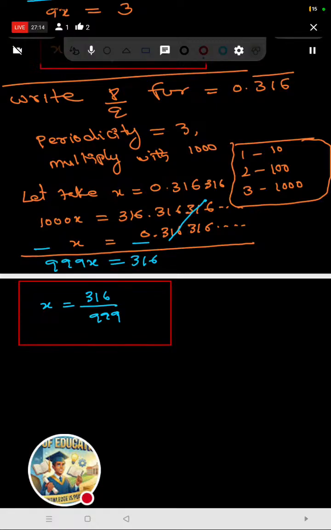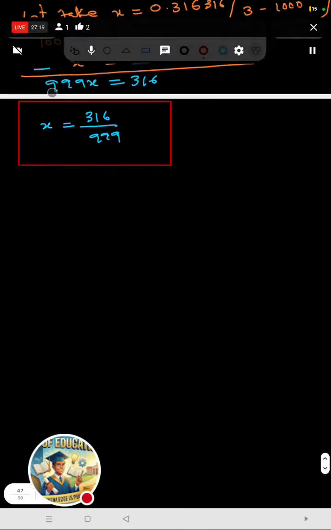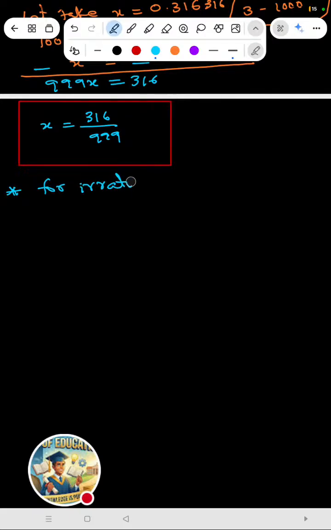Next, for an irrational number, can we write it in p by q form? For an irrational number, we cannot write it in p by q form.